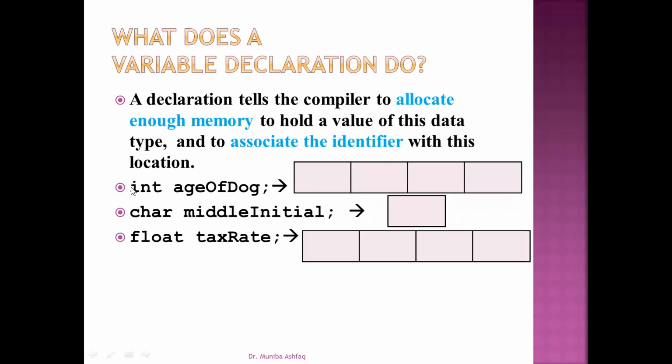So basically, when we declare it as int age of dog, it's going to reserve some memory, allocate some memory for this variable, and the number of bytes reserved for this variable depends on the type of the data used. For integer, 4 bytes have been reserved. For character variable, 1 byte has been reserved. And for float, 4 bytes have been reserved.